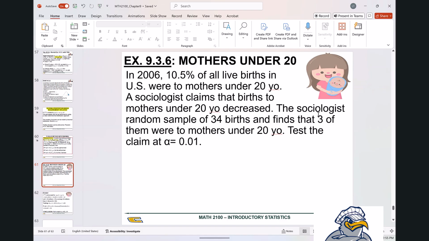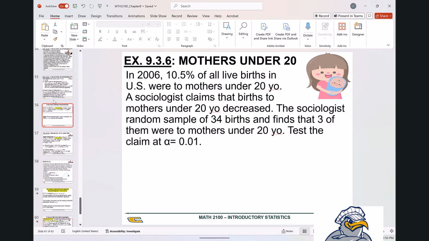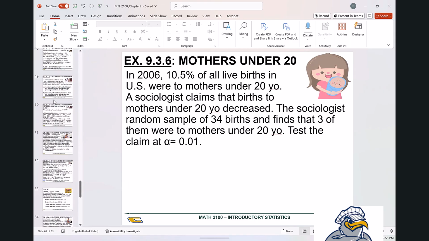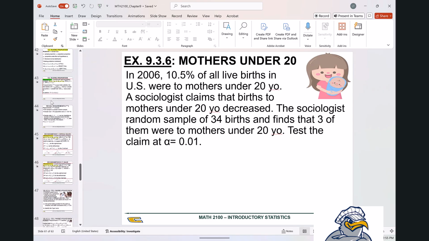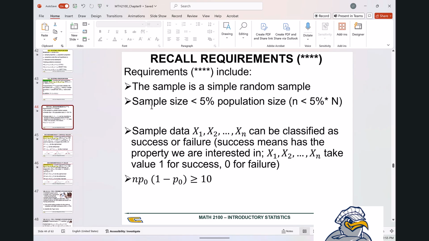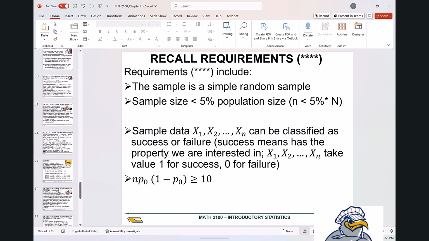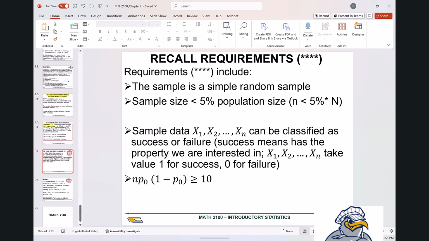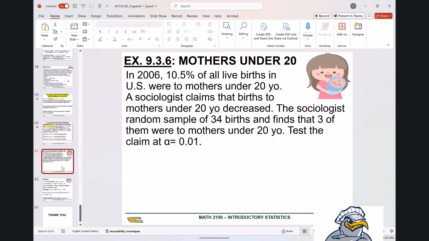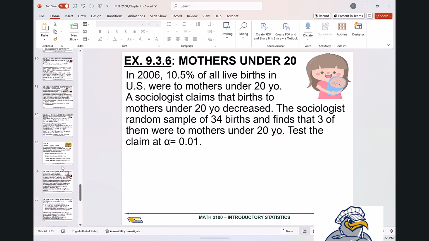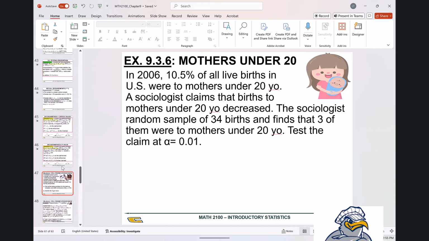Here, a careful person will verify the conditions first. Let's look at the conditions together again and see what may fail. The random sample is correct. The sample size is less than 5% for sure, because you have 34 births, which is much less than 5% of the 100,000 births we have each year.